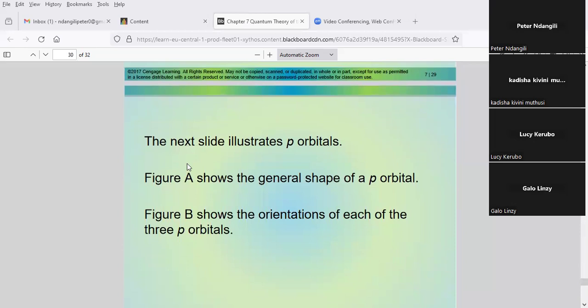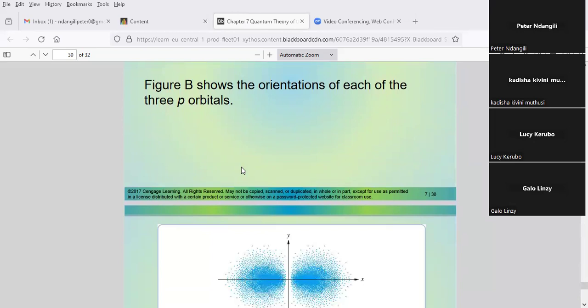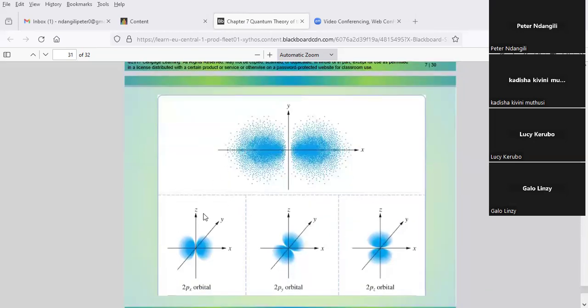P orbitals, I say that they look like number 8, and this is where I want to show the directionality. Somebody asked me about directionality, and I want to illustrate that in this particular slide here. We have 3 axes, the X, Y, and Z. And you'll realize that this is a PX orbital. It is lying on the X-axis.